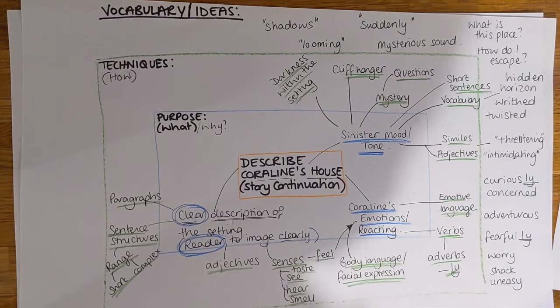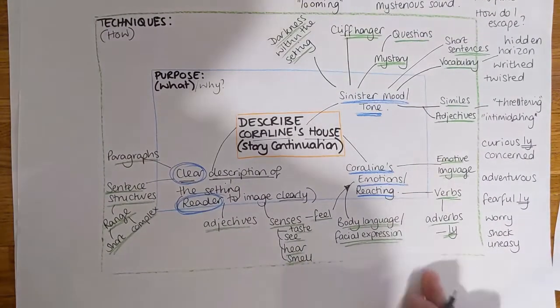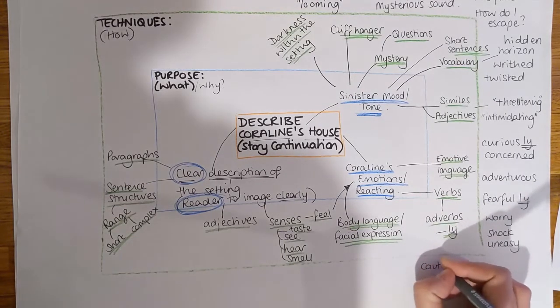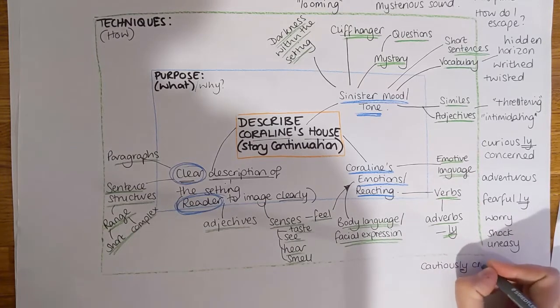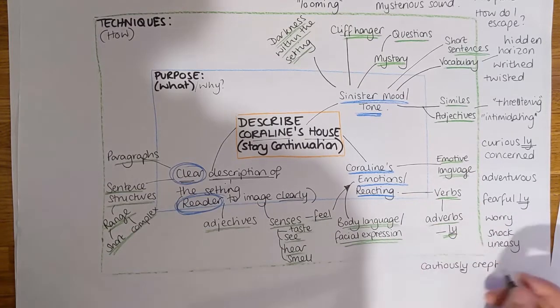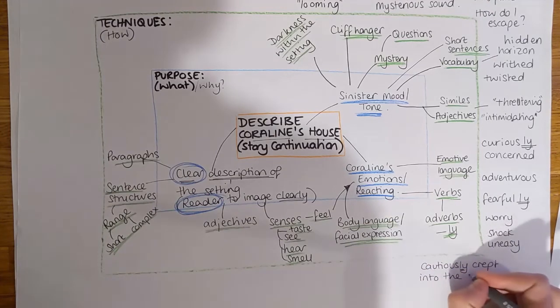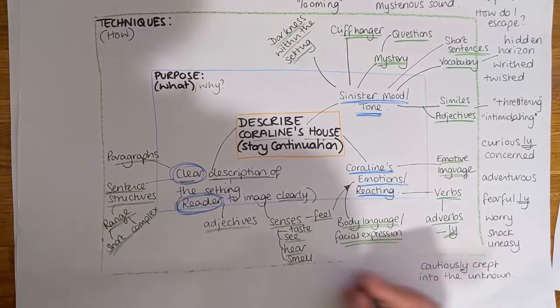And then if you're thinking about your adverbs, if I just move this up a bit, I'll move it back down in a minute. So an adverb here, you might have cautiously, because again, they're the ly words, aren't they? Cautiously, let's have crept into, or I've started writing a sentence here, into the unknown. That might be a good opening sentence, actually, if you wanted to use that.